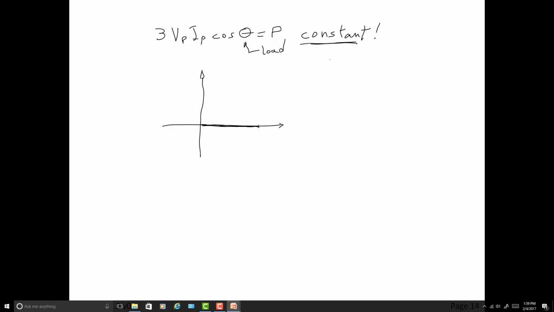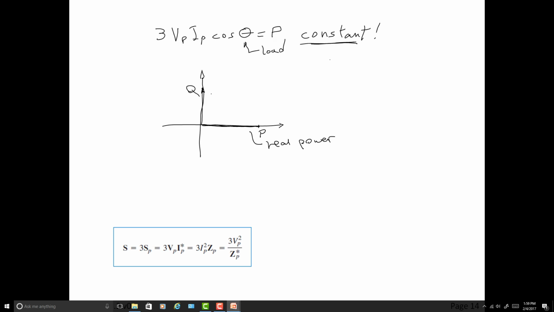If we take the phase, we calculated the real power, right? That's what happened with this cosine of theta, right? If we have reactive power, right? So this is the thing called P. The reactive power is Q, right?